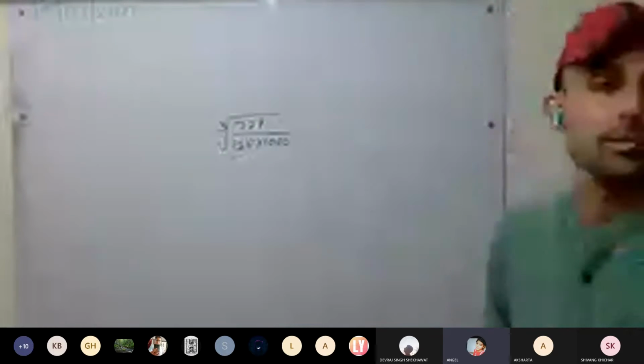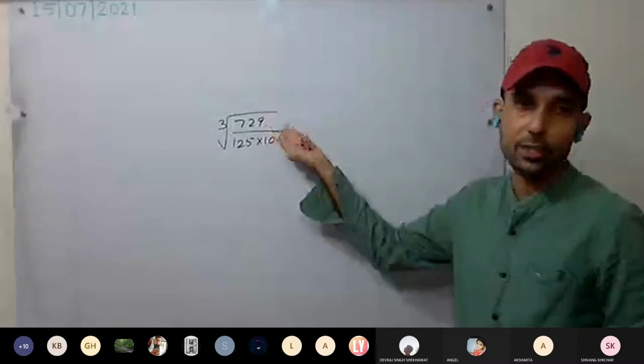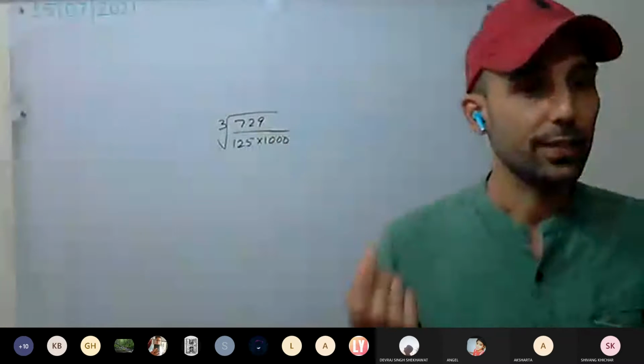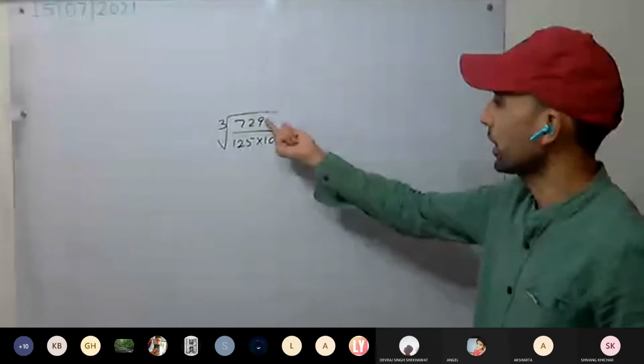Sir, 729, it's 9. If you do not know, you will factorize it. Add the digits: 7 plus 2 plus 9 is 18, so 9 is a factor of this number. Factorize this one, you will get 3, 3, 3, 3.